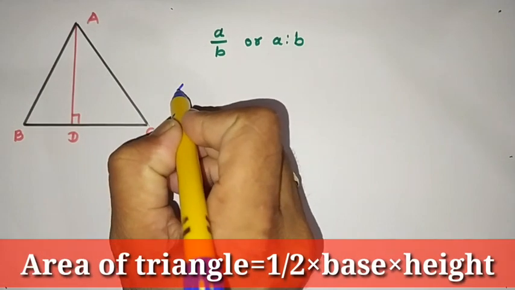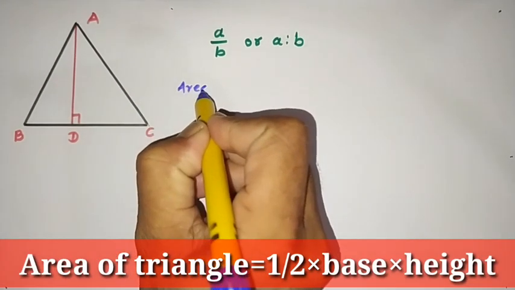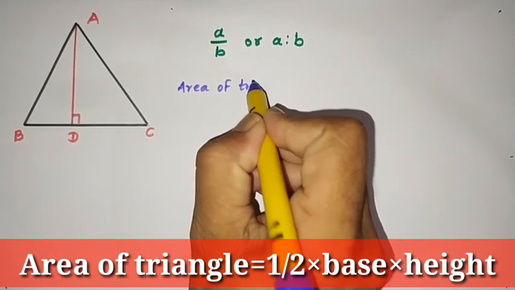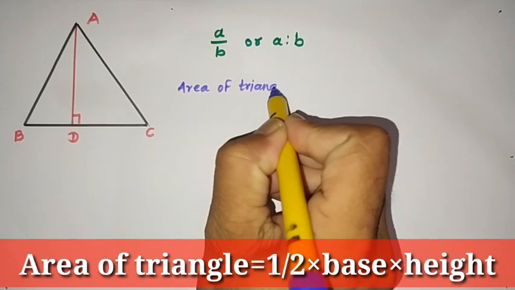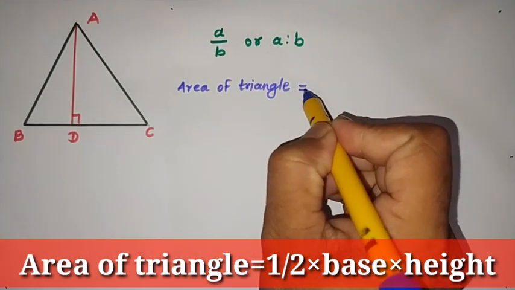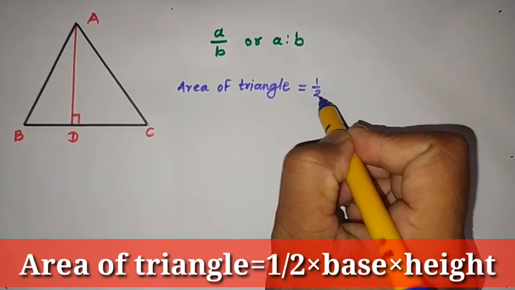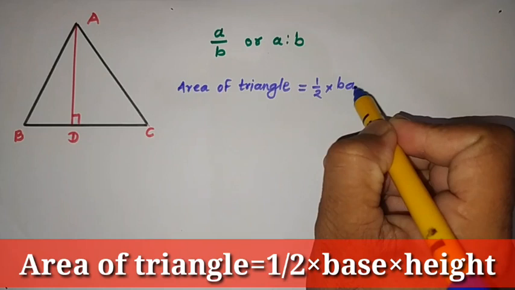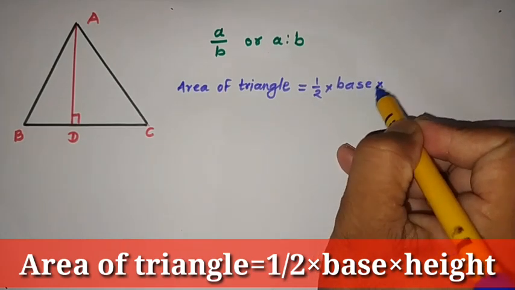Area of triangle is equal to 1/2 into base into height.